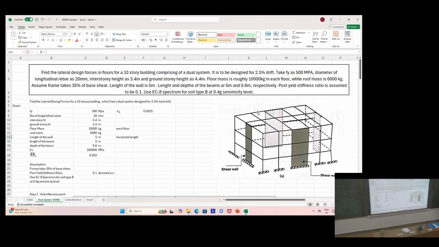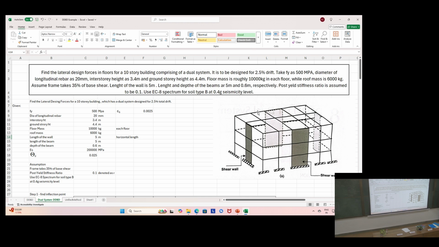It is to be designed for 2.5% drift. Take Fy, which is your steel yield strength, or the strength of the rebar, as 500 megapascal. Diameter of the longitudinal rebar is 20 millimeters. Interstory height is 3.4 meters, and the ground story height is 4.4 meters. So what does that tell you? Your critical story height is 4.4 meters, or your ground story is your critical story.